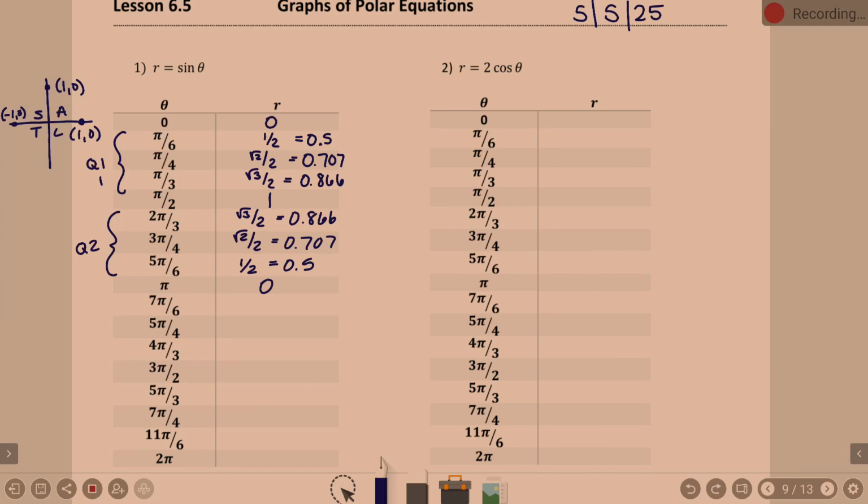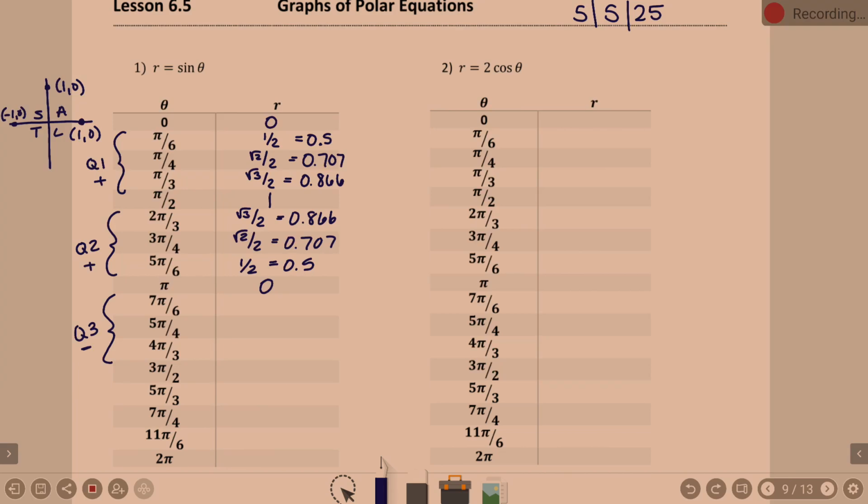Now, quadrant 1 was positive, quadrant 2 is positive. These next 3 angles represent quadrant 3. What do we know about the sine of angles in quadrant 3? It's going to be negative, yes? All students take. So now we're in quadrant 3 where tangent's positive, but sine is negative.